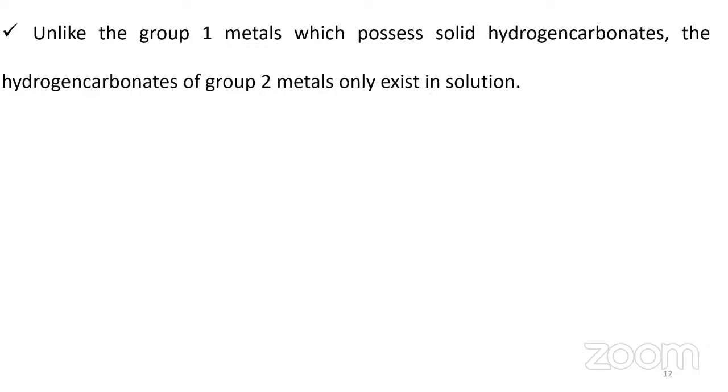You see that it's behaving like your group 2 elements. So your group 2 hydrogen carbonates all exist in solution, but your group 1 hydrogen carbonates are all solid except your lithium hydrogen carbonate. Please always note these deviations.